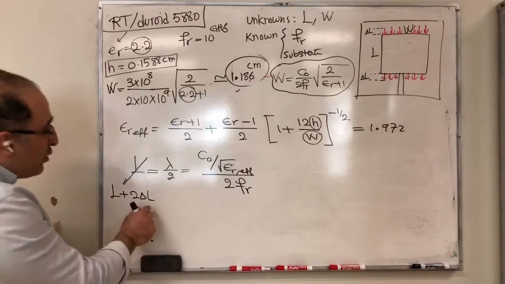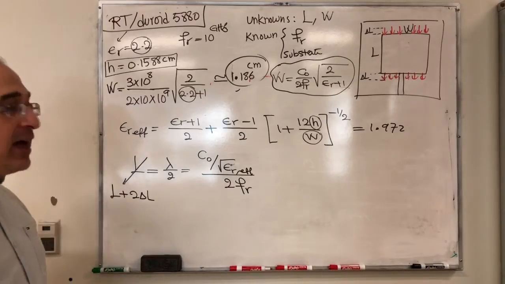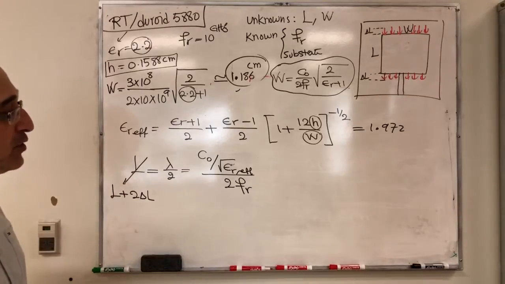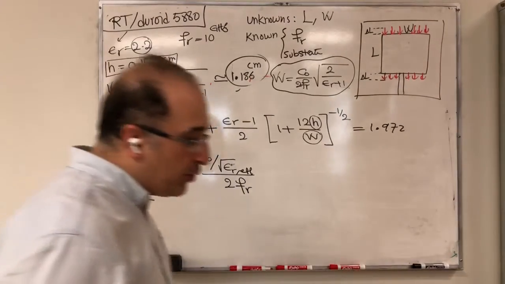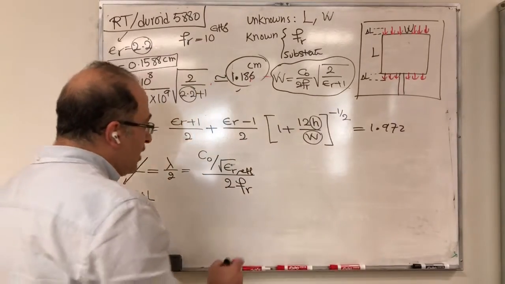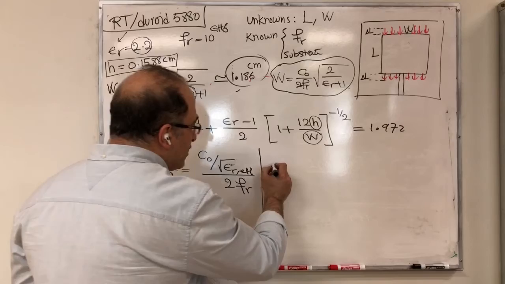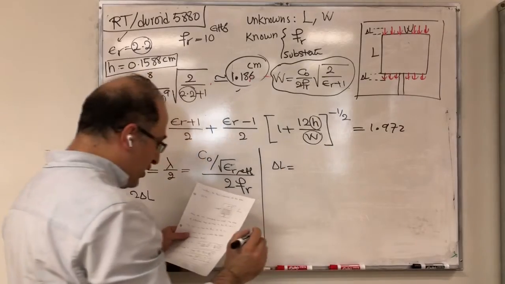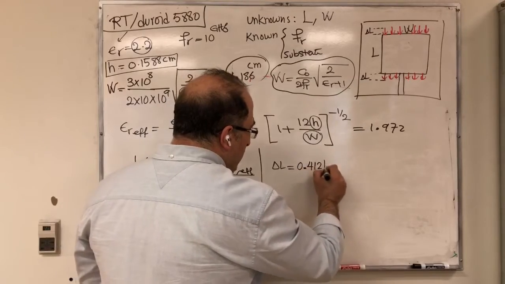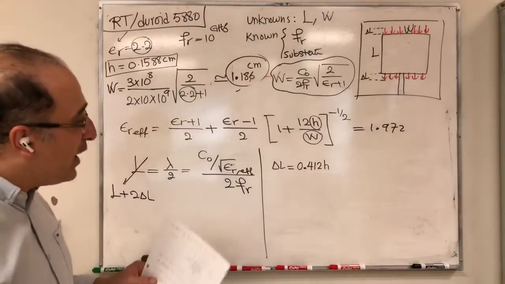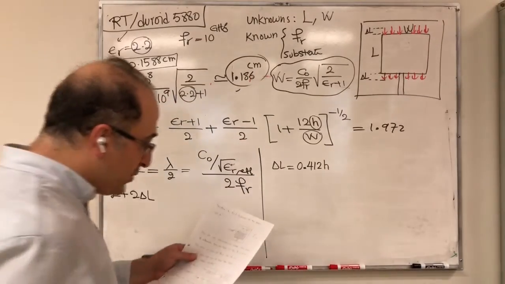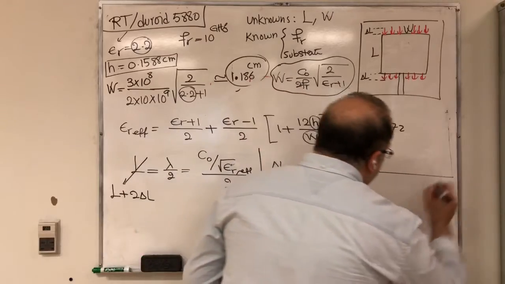So now you might say, okay, what is delta L then? And that would be another equation that we have to write. So let's write the equation for delta L. Delta L becomes 0.412 H, and you already know H is the thickness of the substrate or height of the substrate. And then you have a fraction.